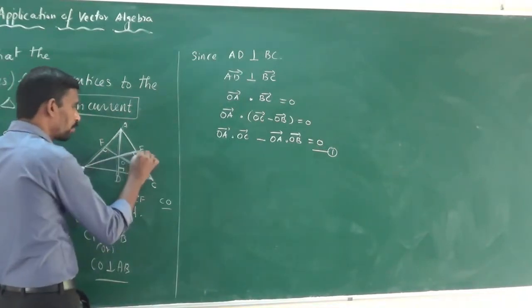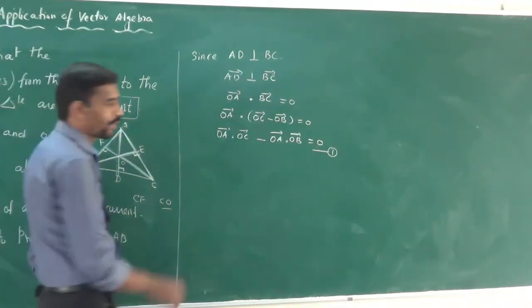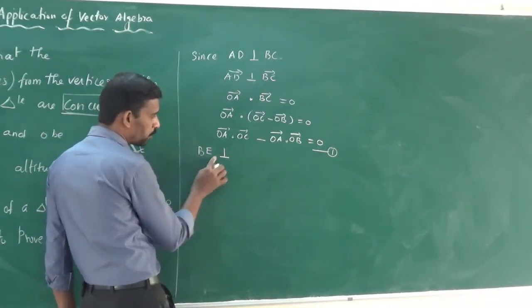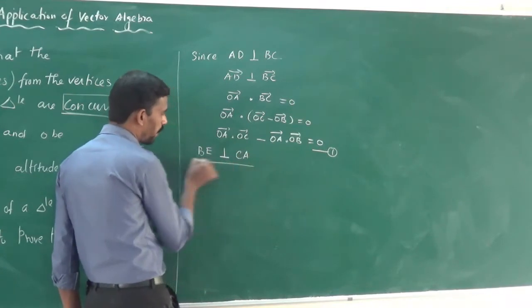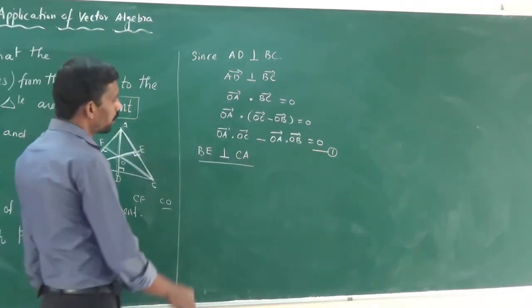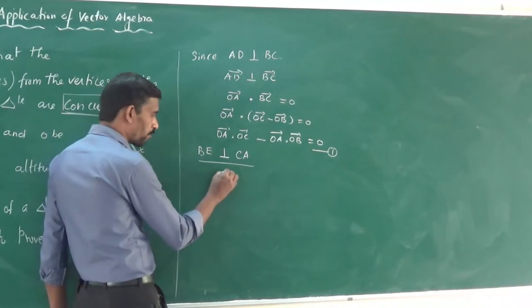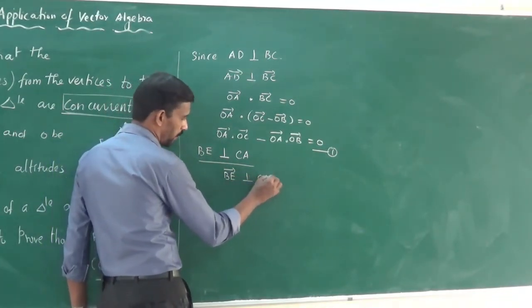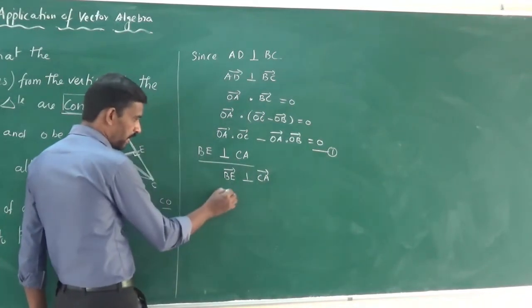Now we have to do another one. So BE is perpendicular to CA. BE is altitude, it's perpendicular to the side CA. Now we are going to represent in vector format. So BE vector is perpendicular to CA vector.